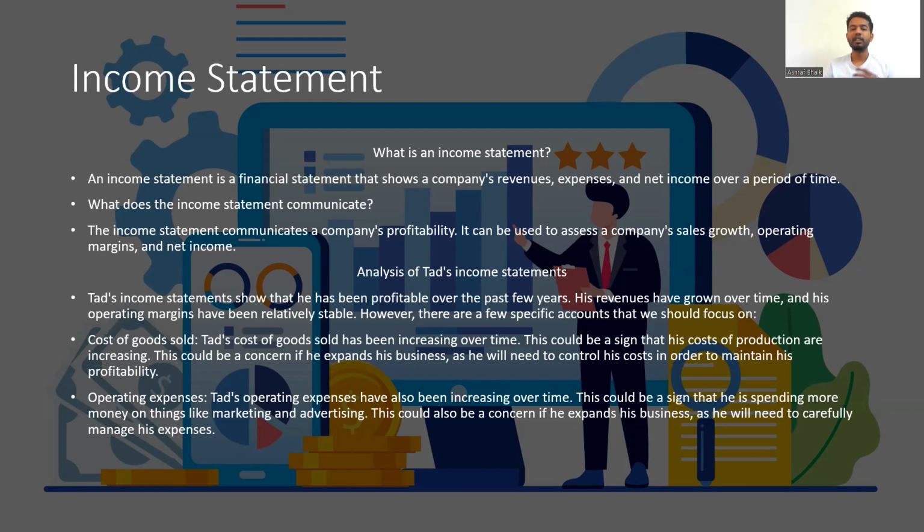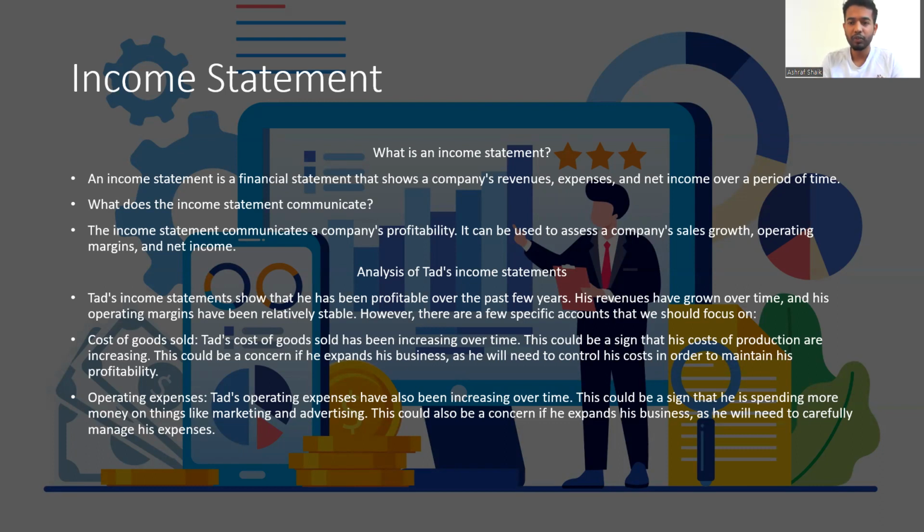The analysis of TAD's income statement shows that he has been profitable over the past few years. His revenue has grown over time and his operating margins have been relatively stable. However, there are a few specific accounts that we should focus on. The business is profitable over time, but here are some points which need to be focused on.